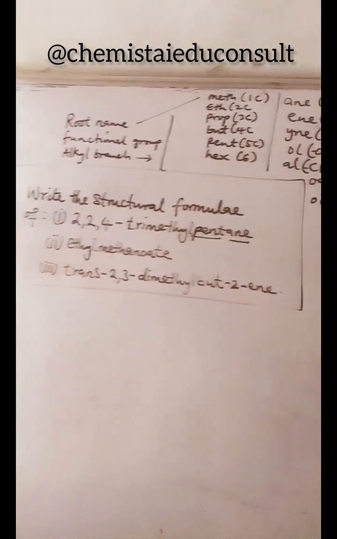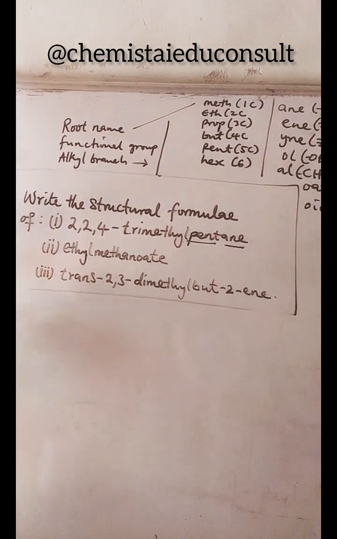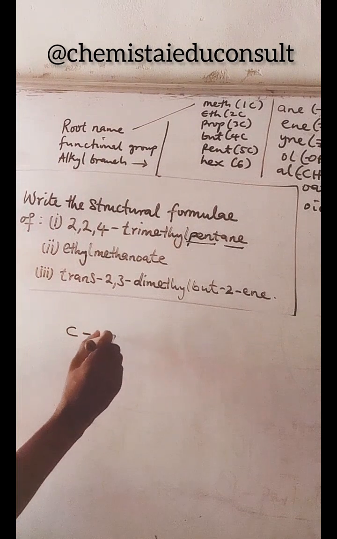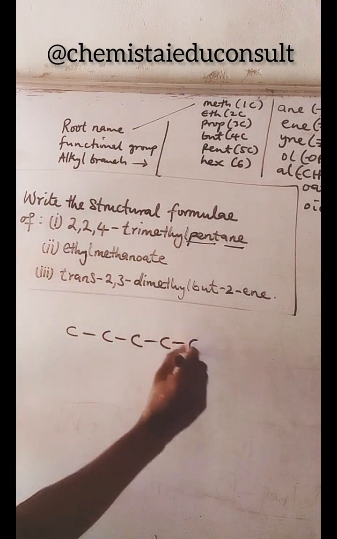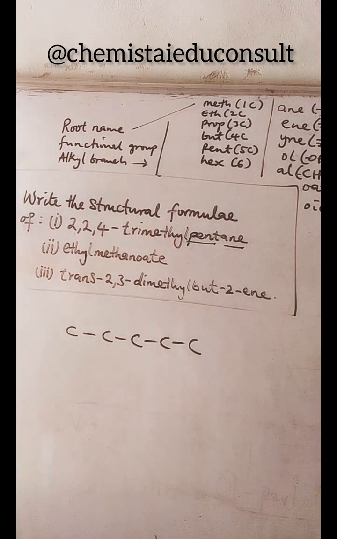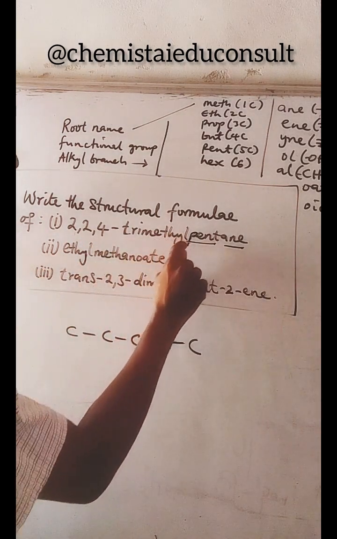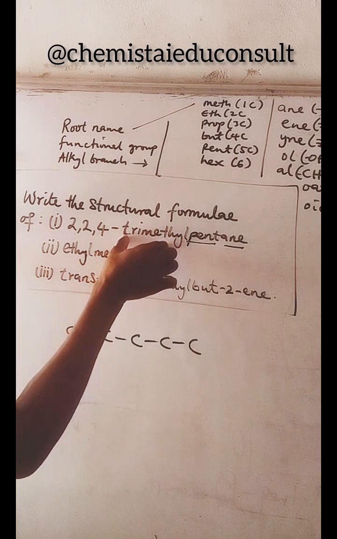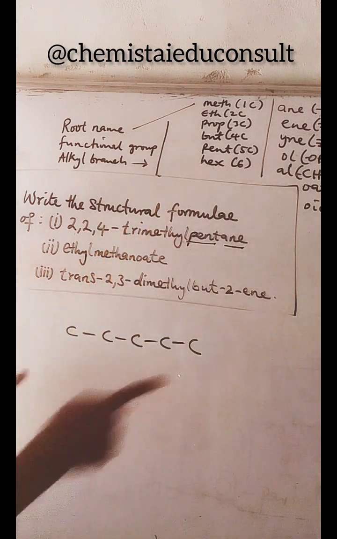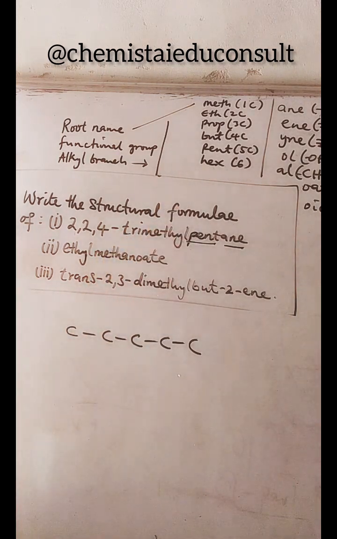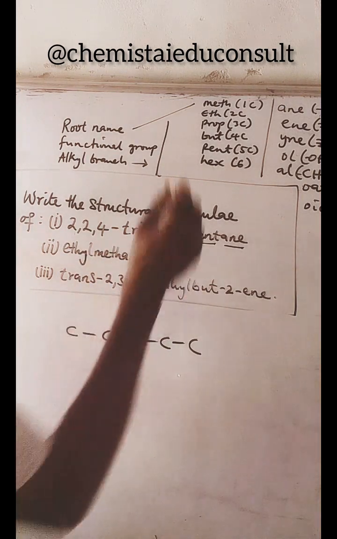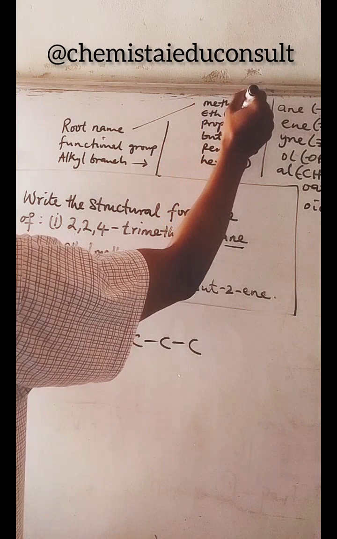So let's represent it here. We have 5 carbon atoms having single bonds between them. That is pentane. Now, the one that ends with yl is the number of carbon atoms that branched off from this main long chain, and it is methyl. Methyl means meth, 1 carbon.